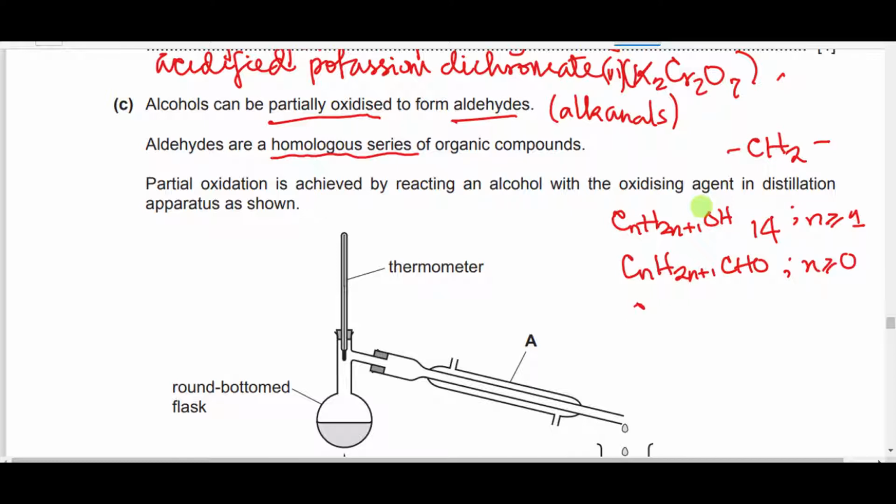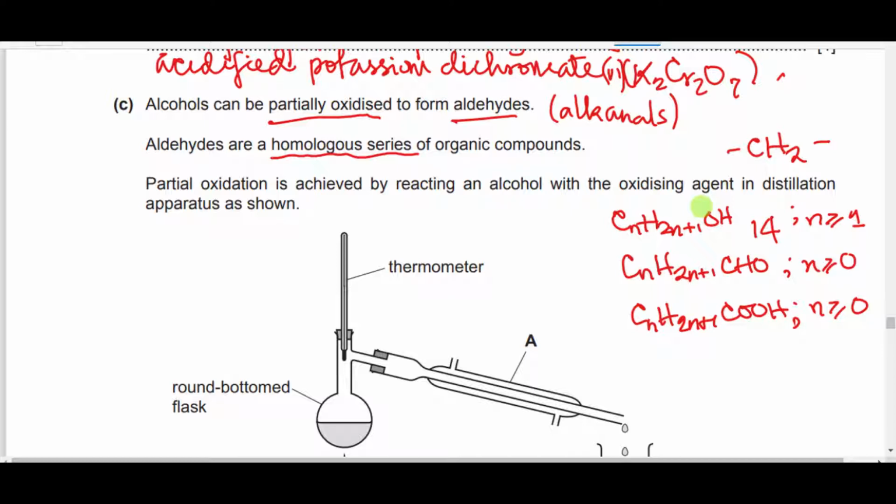And CnH2n+1COOH, where n is greater or equal to 0 for carboxylic acid. So these are all examples of homologous series. You have to apply this formula in getting the members of each homologous series. You find out that each member will differ by the CH2 group.